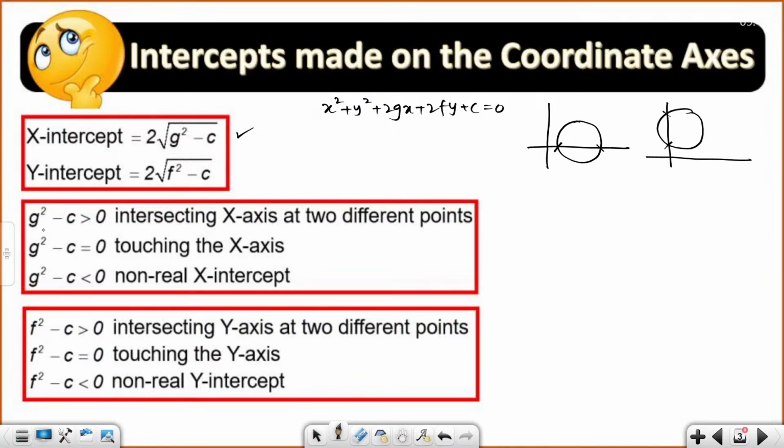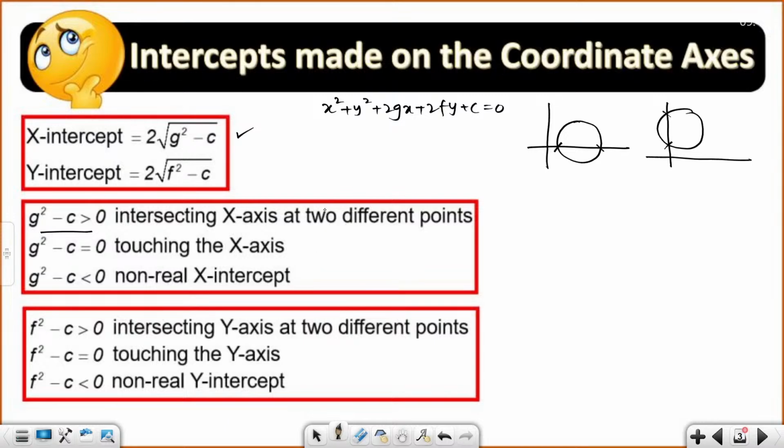Now, when g square minus c is greater than 0, then the circle is intersecting the x-axis at two different points. If g square minus c is equal to 0, then it is touching the x-axis. There is no intercepted portion of the circle with the x-axis. And when g square minus c is less than 0, then it is neither intersecting nor touching the x-axis.